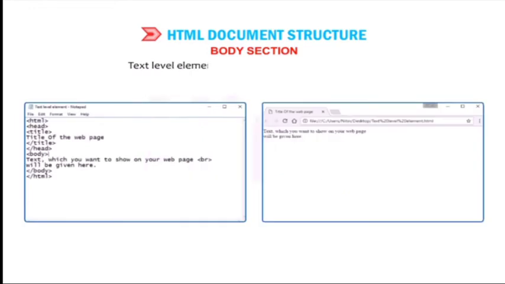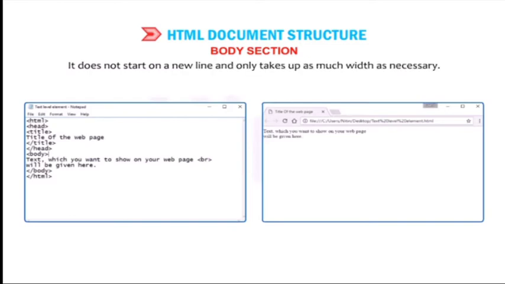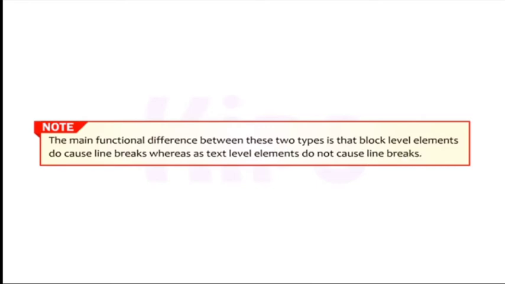Text level elements are used to mark up bits of text. They do not start on a new line and only take up as much width as necessary. These include tags like bold B, italics I, and line break BR. Okay, students, note that the main functional difference between these two types is that block level elements do cause line breaks, whereas text level elements do not cause line breaks.